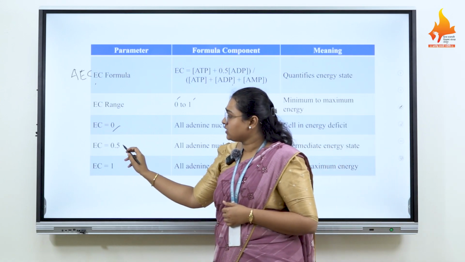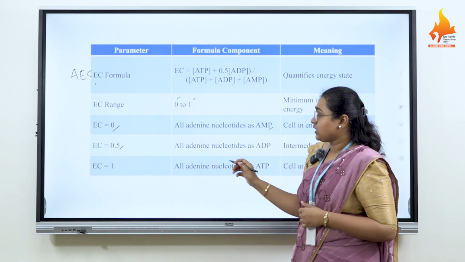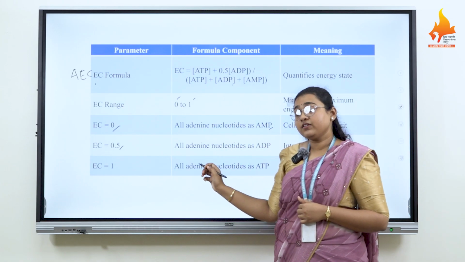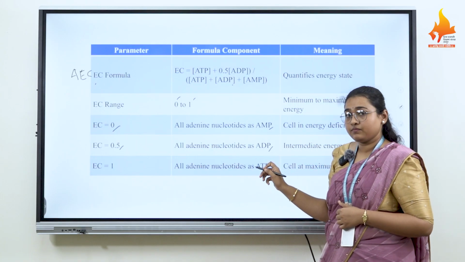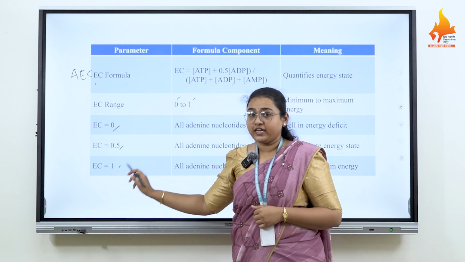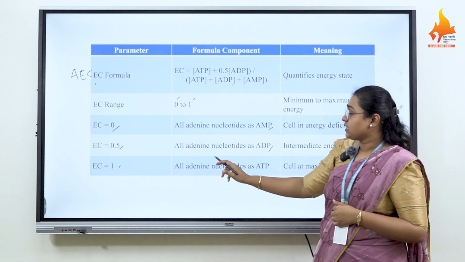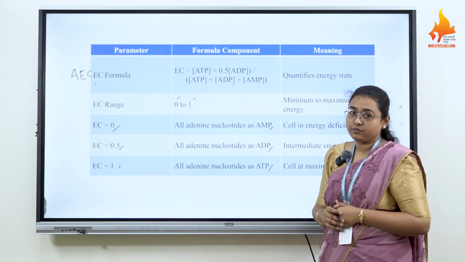If the energy charge value of a cell is 0.5, then all the adenine nucleotides present in the cell are ADPs. While if the energy charge value of the cell is 1, that is maximum, then all adenine nucleotides present in the cell are ATP.